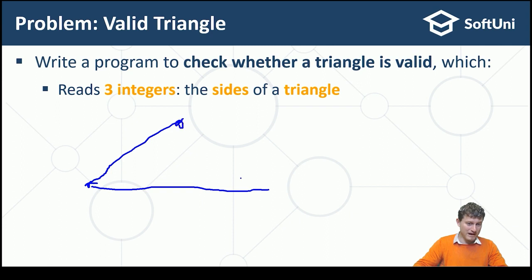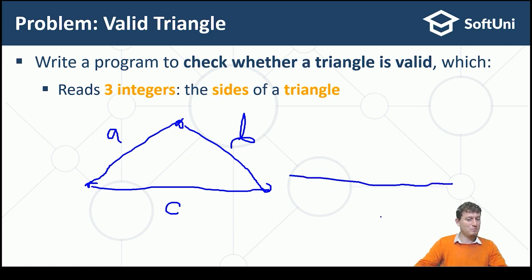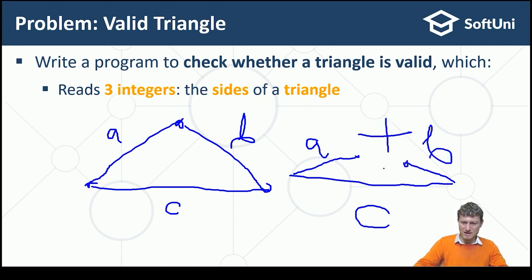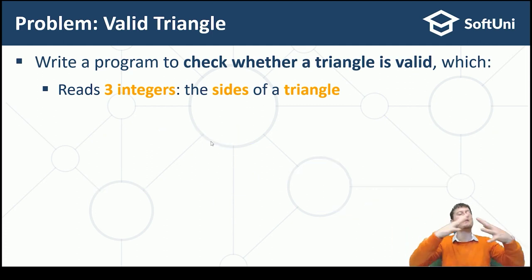In math, if we have triangle and it has 3 sides which build it, they have a length of A, a length of B, and a length of C. But if it happens that C is bigger than A plus B, okay, if A plus B together are smaller than C or equal, this is not triangle, because if A and B are too small, they cannot create a triangle.